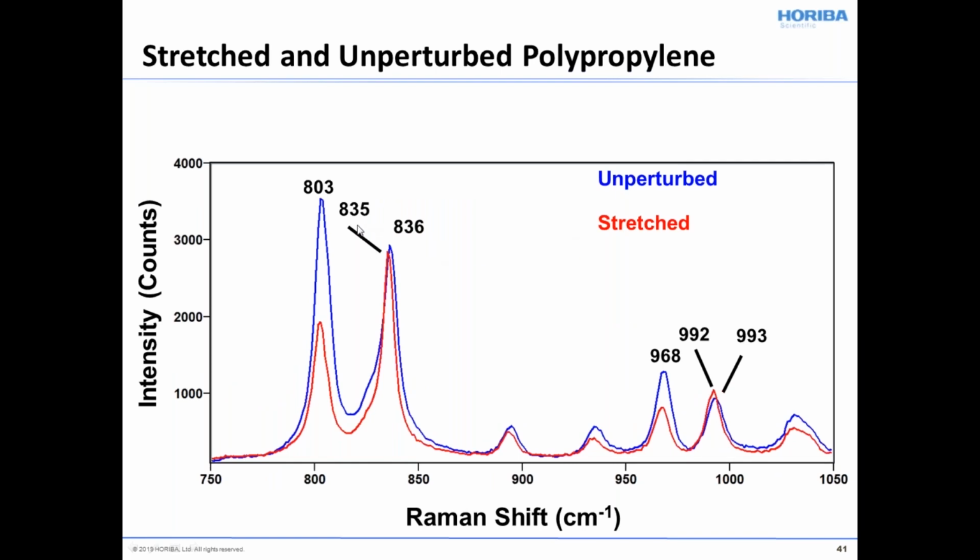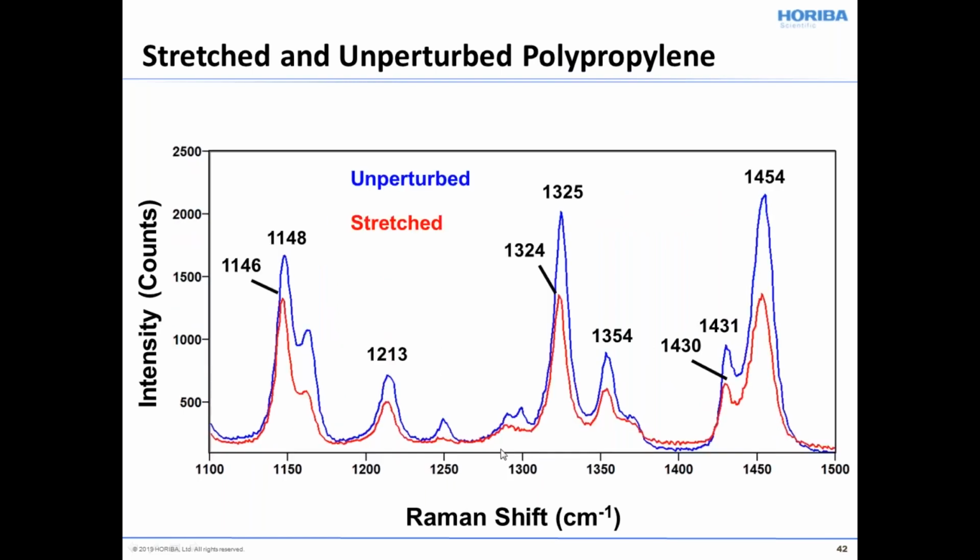Once again, here's a shift to, in this case, 1 wave number. So these shifts can be small, but again, that's where the spectral resolution of the spectrometer comes in to be able to detect that. Differences in relative intensities, but also differences in the peak positions.